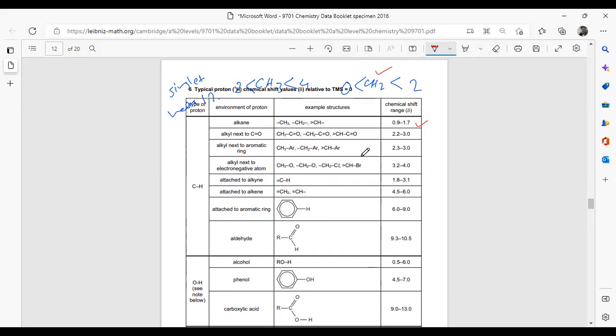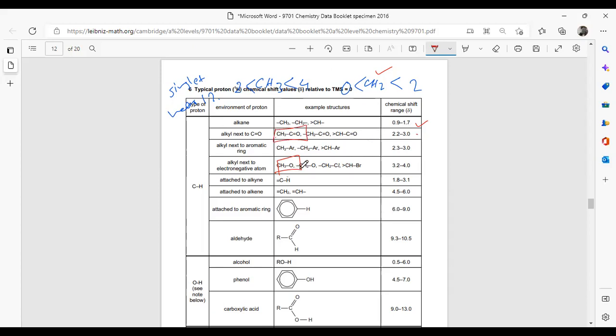So that means there should be some other group attached to this CH3. That means there could be a possibility, because this is between 3.2 and 4. This could be possible, but still can't say. There could also be the possibility that this is a CH3, C double bond O group, but we are not sure.